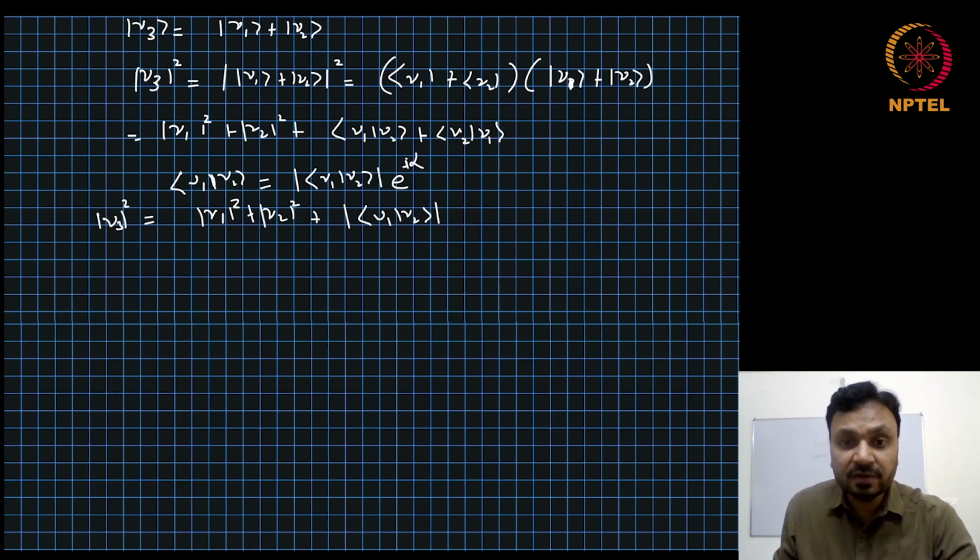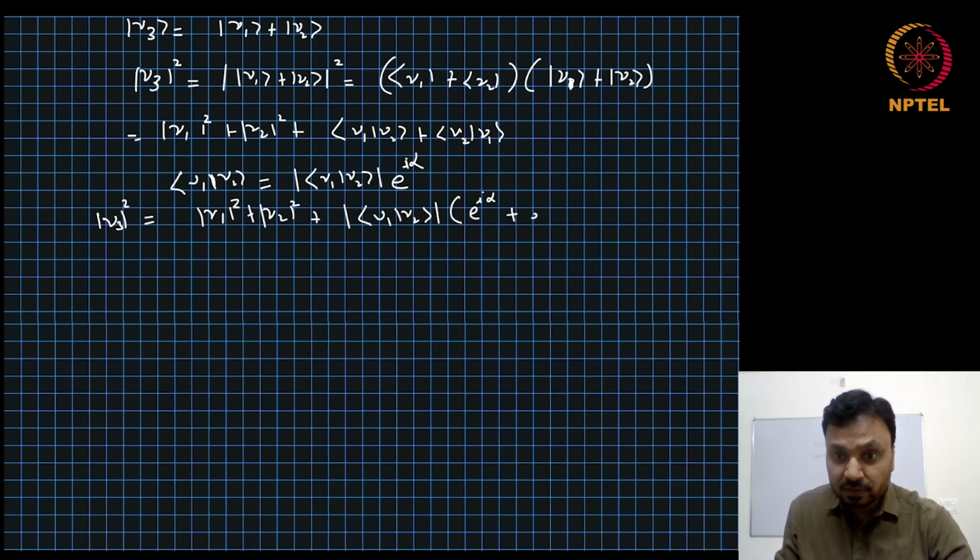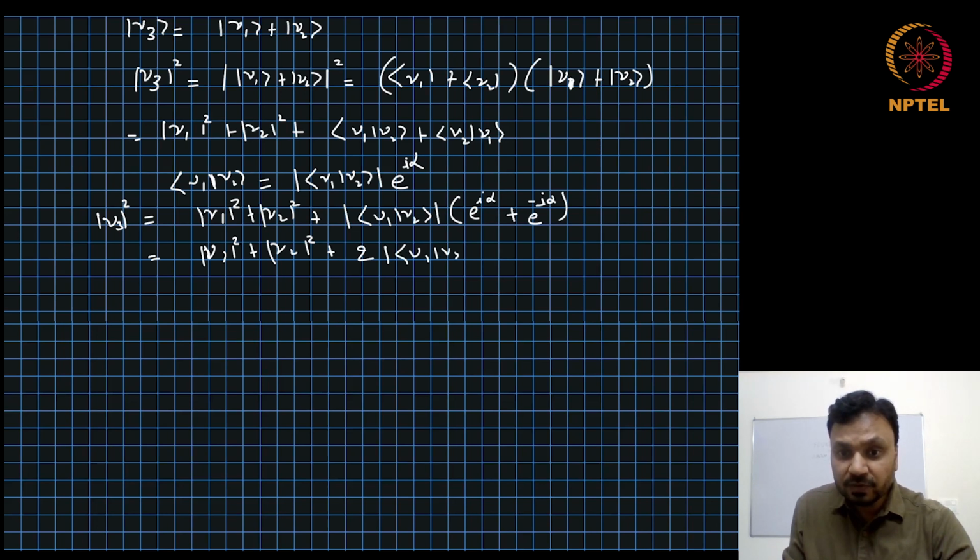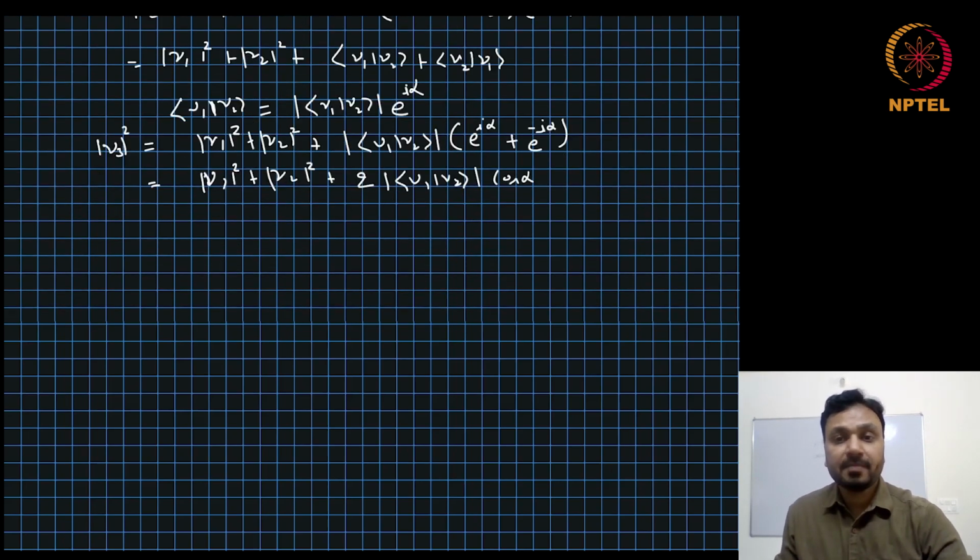Just let me remind you that v1 v2 mod is same as v2 v1 mod, and that other one has to be the complex conjugate, so it's exponential of minus i alpha. So which is v1 mod square plus v2 mod square plus 2 times mod v1 v2 cos of alpha. So exponential of i alpha plus exponential of minus i alpha is 2 times cos of alpha.